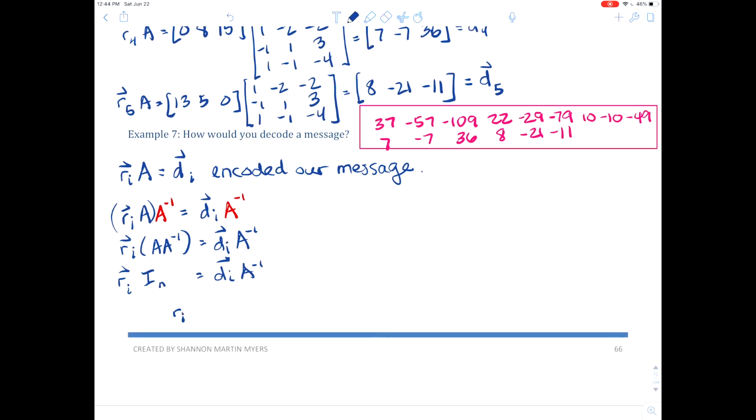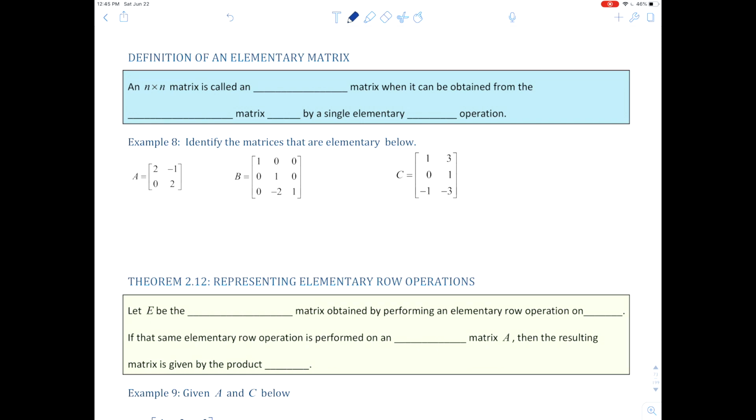So Ri equals Di times A inverse. That's why it's in that order, right? That's how you noted that the Di is on the left. Cool, cool. And so this decodes our message.